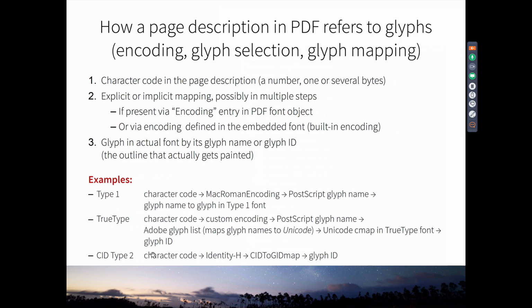The character code in the page description is actually the same as the glyph ID. But that is only possible for CID Type 2 fonts. TrueType fonts, and again, these are all examples.